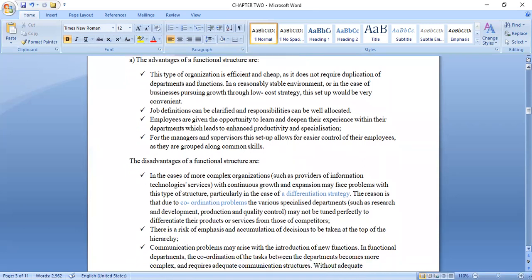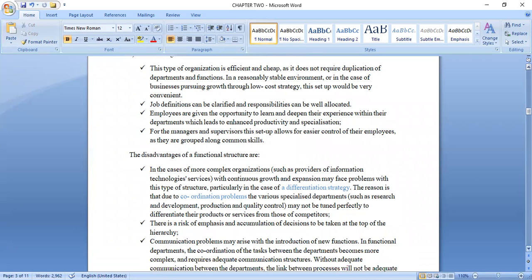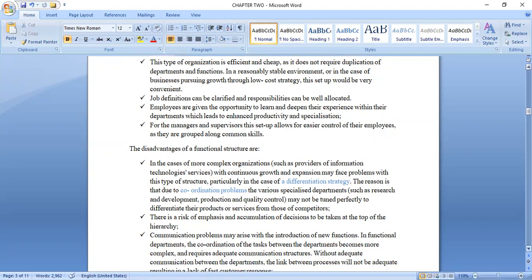It categorizes the similar responsibilities in different departments, right? And then these employees under this functional organization structure get an opportunity to learn, to gain experience in the way they do their tasks, right? In other words, it helps them to specialize.